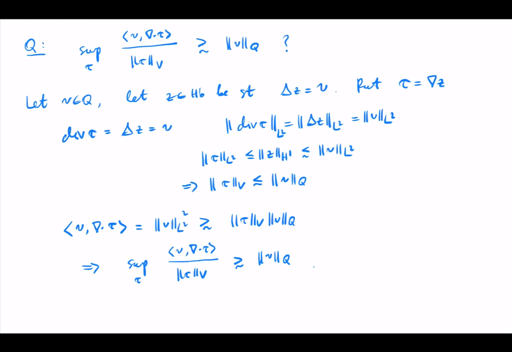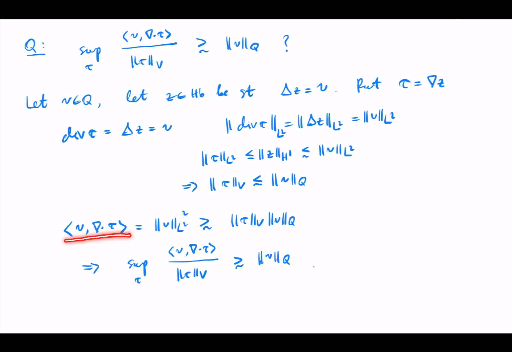The L2 norm of tau would be bounded by the H1 norm of Z, just by definition. And the H1 norm of Z is bounded by the L2 norm of V by elliptic regularity. Summing up these two estimates, we see that the V norm of tau is bounded by the Q norm of V. And that would be enough.